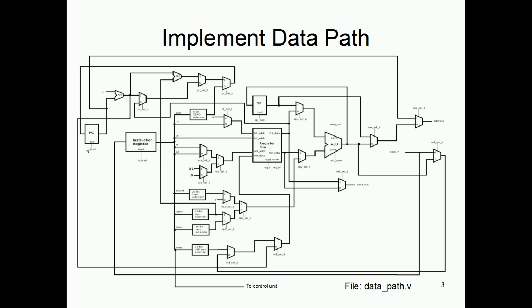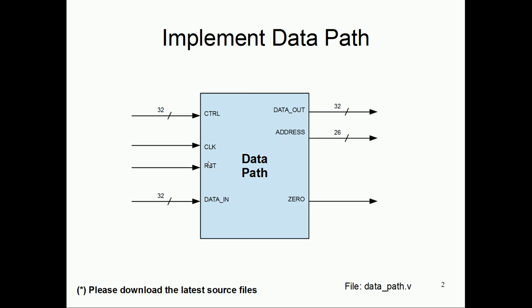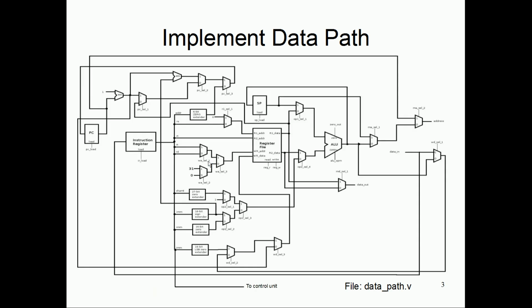One of the control indices will be connected to the PC load, another to the instruction register load, stack pointer load, the register file read write, and the mux selection signals of the multiplexers will also each be connected to one of the control bits in the top level control bus. That assignment you need to define, and depending on that assignment, the controller's state machine will spit out the control word accordingly.